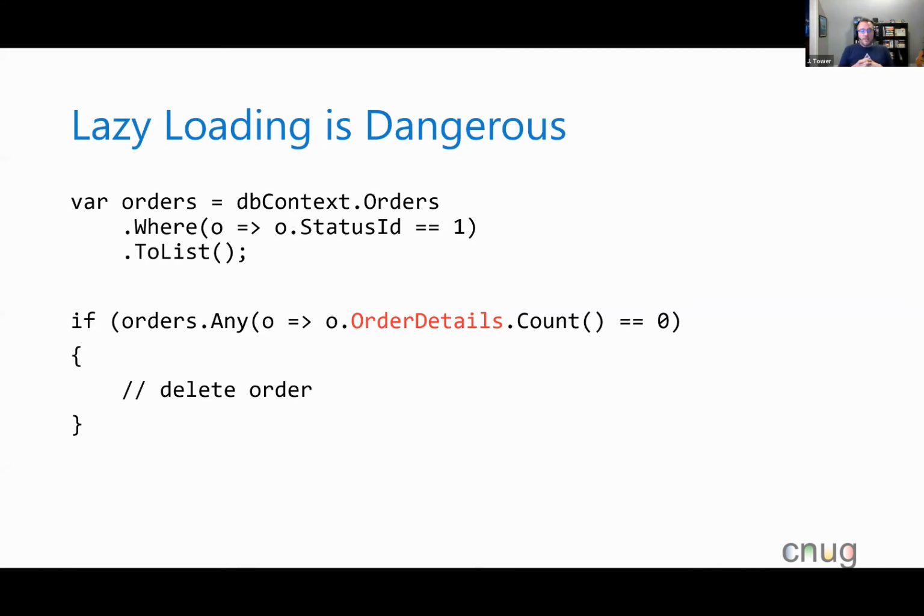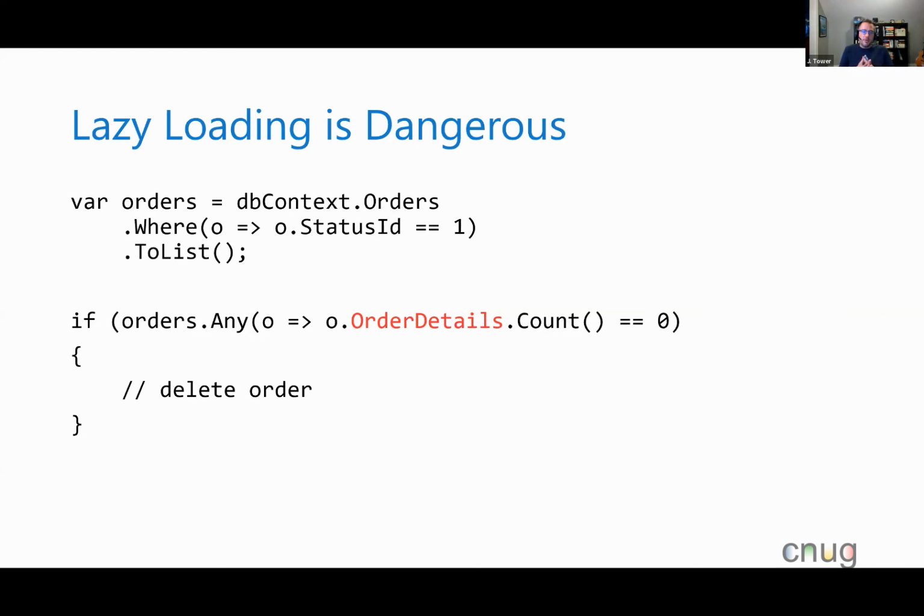But now, if I have an order details navigation property on my order objects that is set to lazy load, meaning that when it's accessed, it will actually go back to the database and execute a query to pull back the objects on demand into that property. If I do this next line of code, which has the orders.Any on it, where I'm looking to see if there's any of these orders that have an order detail count equal to 0.